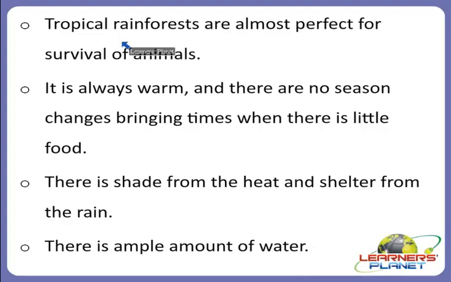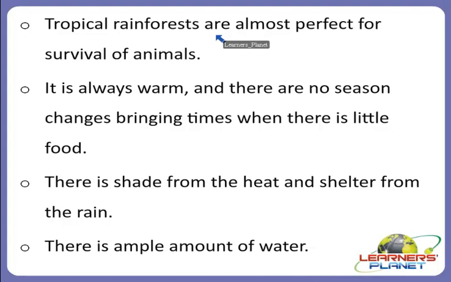So basically tropical rainforests are almost perfect for the survival of animals. It is always warm and there are no season changes bringing times when there is little food. There is an abundance of food available for the animal species, and that is why so many species are found here in tropical forests.